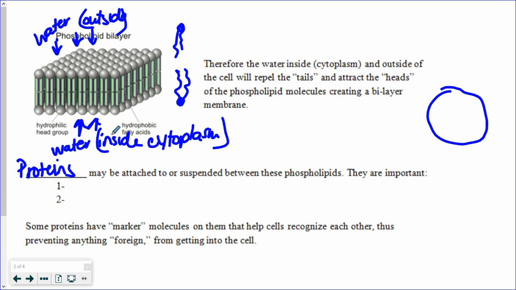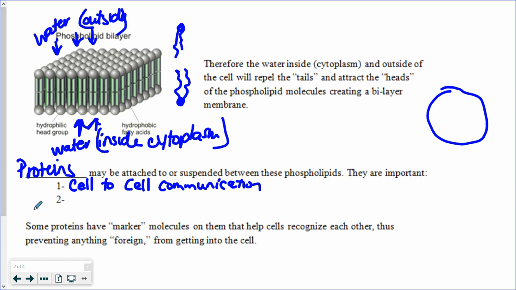And proteins are important because of a couple different reasons. So first one is cell-to-cell communication. So cells can identify other cells and what their function is, or if they are foreign bodies or anything like that.